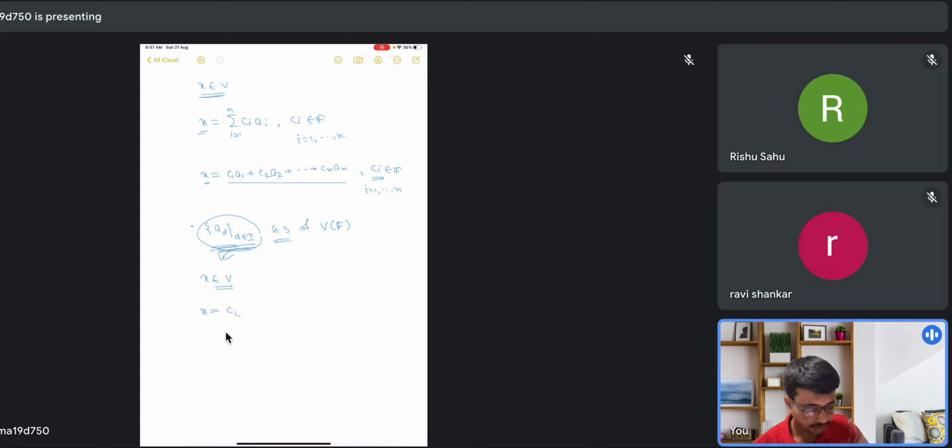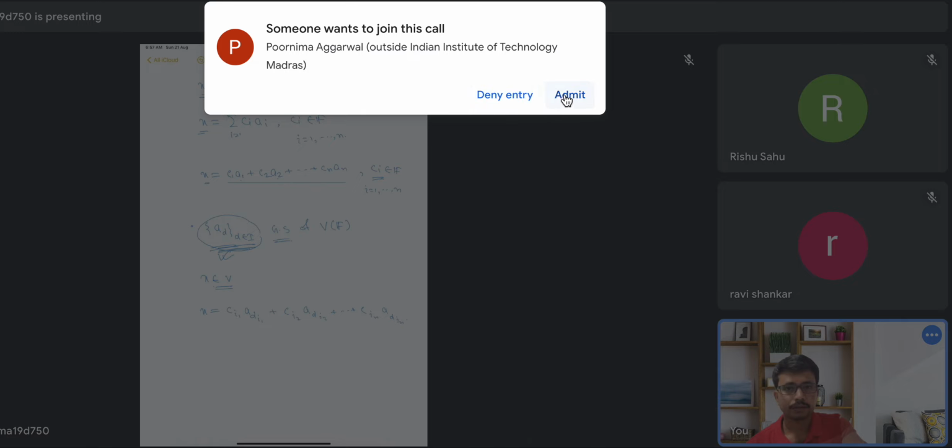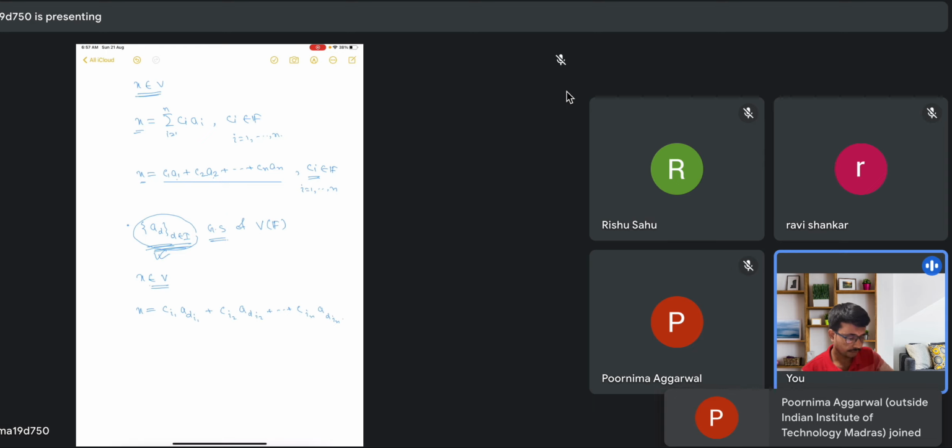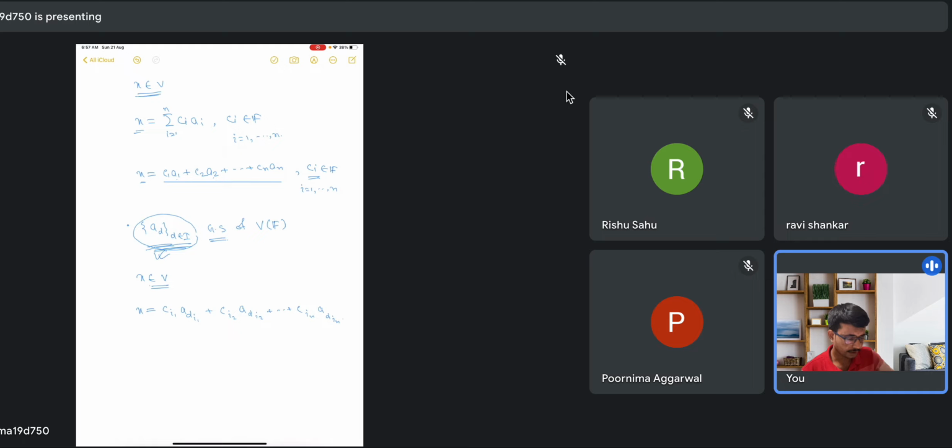So X equals Ci1 A alpha i1 plus Ci2 A alpha i2 up to Cin A alpha in, where all the Ci1 up to Cin belong to the field F. Please tell me, is it fine or not?